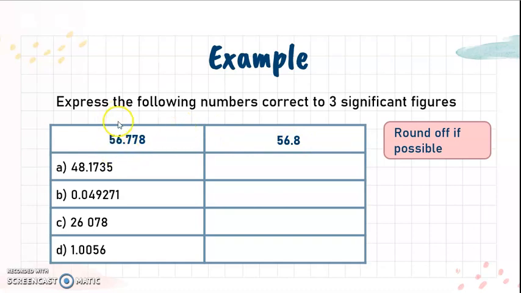So we have 1, 2, 3. So it must stop at 7. But you have to check whether this 7 can be rounded off or not. In this case, you can round off the 7 and it becomes 56.8. Okay, so for these 4 numbers, I want you to express them correct to three significant figures.